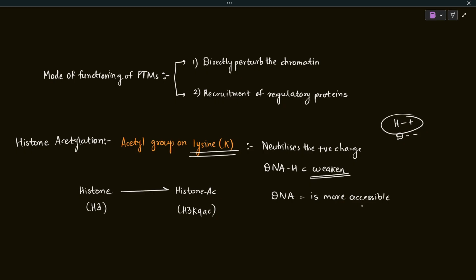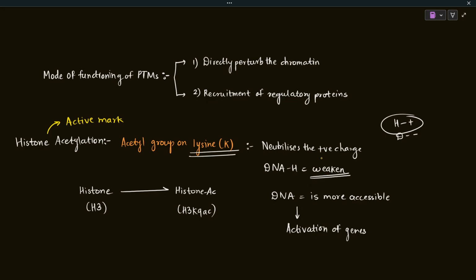So now the transcriptional machinery can come, read the DNA and transcribe it, and this leads to the activation of genes. That is why, as you must remember from the previous video lecture, histone acetylation is an active mark. Why is it an active mark?